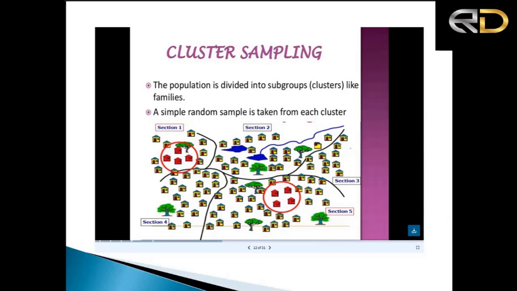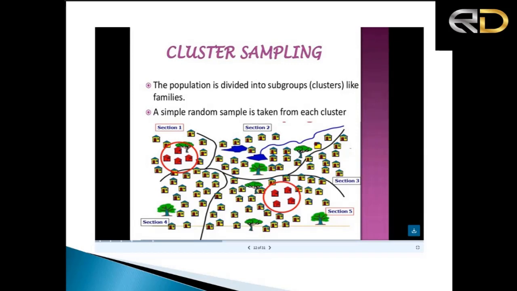So what we will do is ask questions to groups of people, and that group of people will make the cluster. The clusters may be of two types: equal size clusters and unequal size clusters. Since we do not know the sampling frame, we make the clusters as heterogeneous as possible.